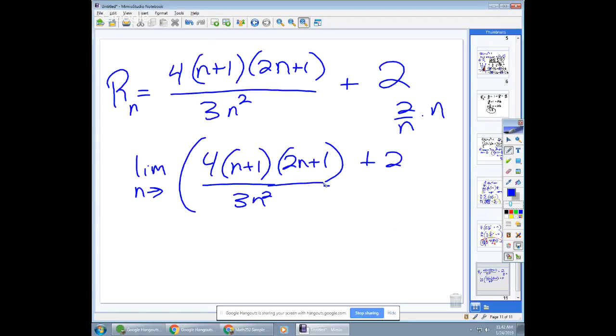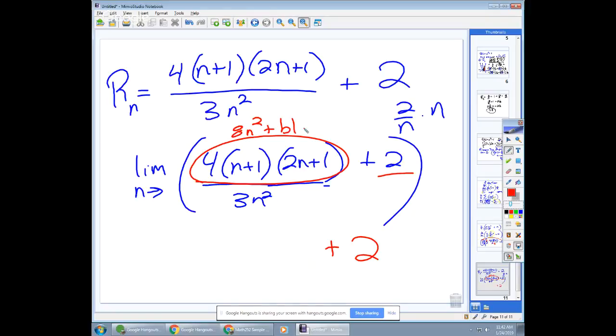Okay, so now think back to your limit laws. Let's do the easy part first. Is there any n attached to that last 2? No. So if n goes to infinity, it's just 2. That's kind of nice. This right here is a polynomial. If you start multiplying that out, it's going to look like 4 times 2 is 8, n squared plus a bunch of stuff.